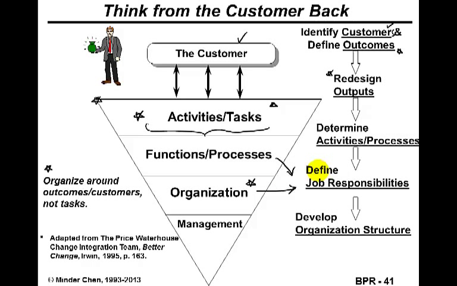And once we have those new job responsibility defined, then we can consider how we should structure the organization to support those business process, to execute those business process successfully. So the reengineering, what comes first is to actually start thinking from the customer's back.